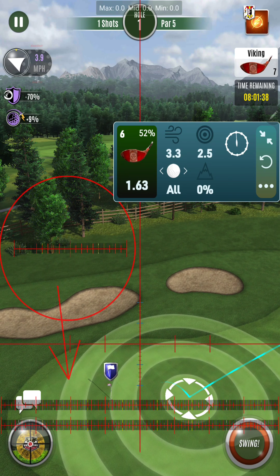Alright, so let me do this. What did I say it was? 13.5, 13.46. So we're at 7, 8, 9, 10, 11, 12, 13. Should go there.